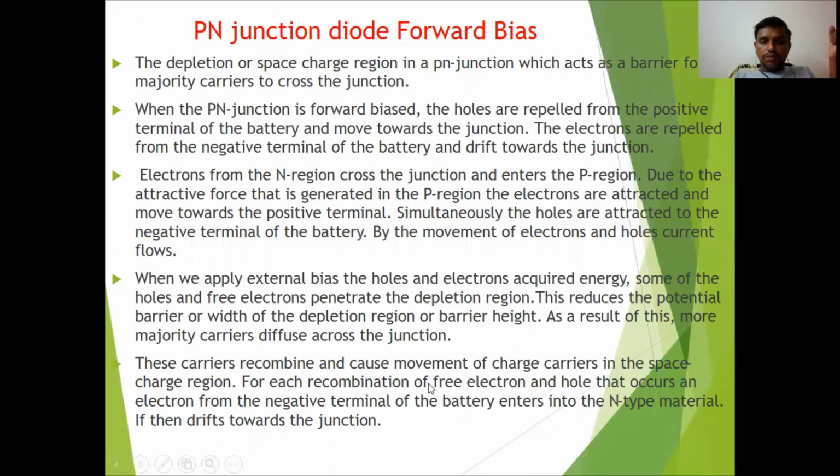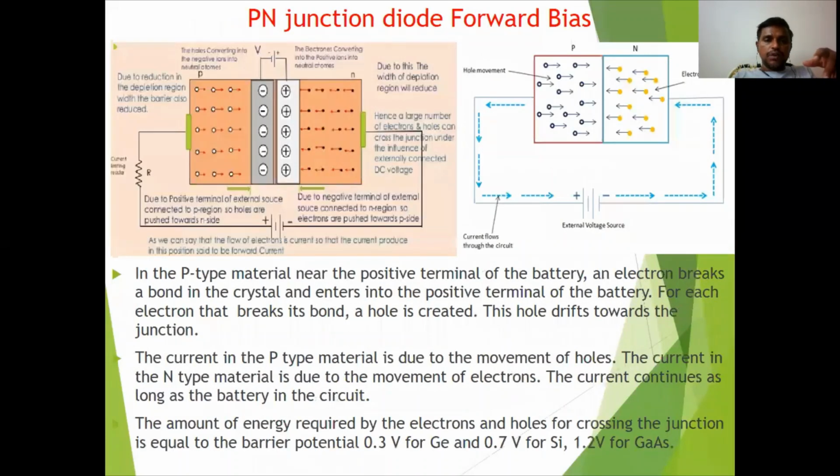For each recombination of a free electron and hole that occurs, an electron from the negative terminal of the battery, whatever electron is missing, is replaced and enters into the n-type material, and that process is called the drift towards the junction. Okay, you can observe here what I explained. The holes are moving like this and the electrons are moving like this.